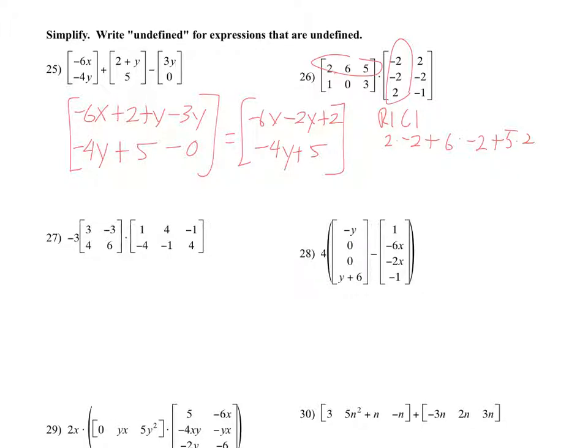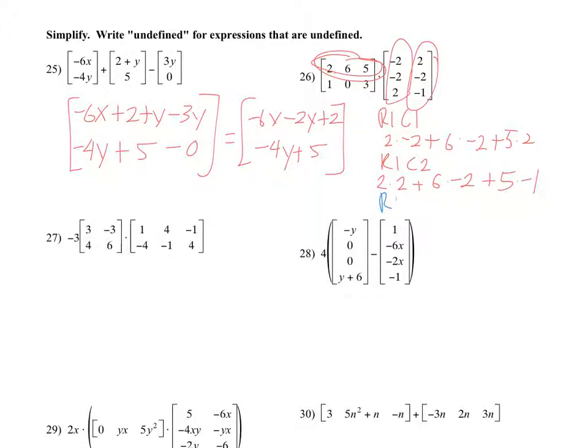I might then do row 1, column 2. And in doing that, we're looking at these guys. So that's 2 times 2 plus 6 times -2 plus 5 times -1.